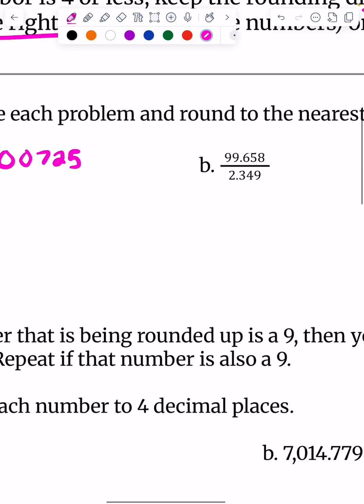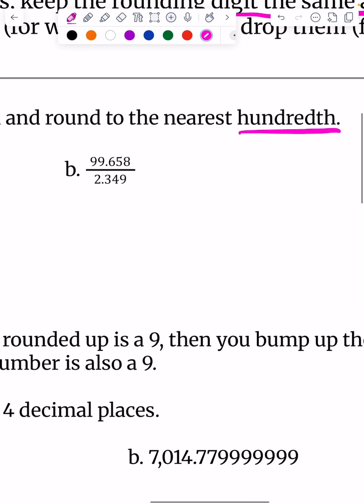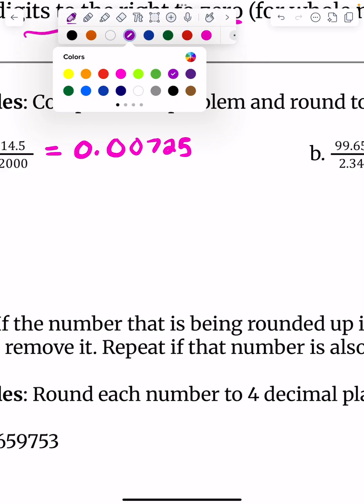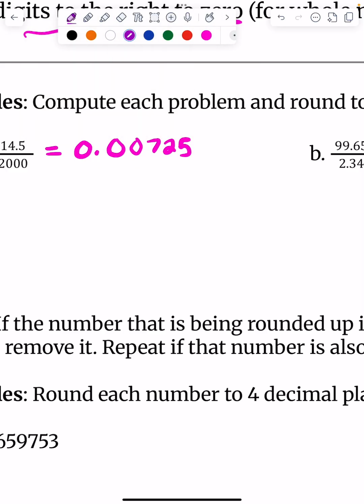This says to round to the nearest hundredth. The hundredth is 2 decimal places to the right of the decimal. So 1, 2. So it's this one right here that I'm rounding to. I'm going to look to the right of it. Its rounding neighbor is a 7.